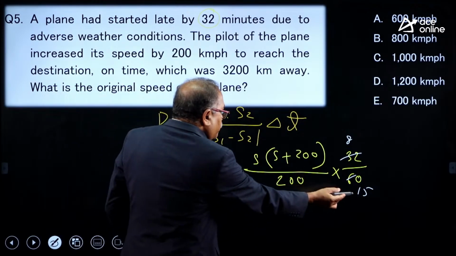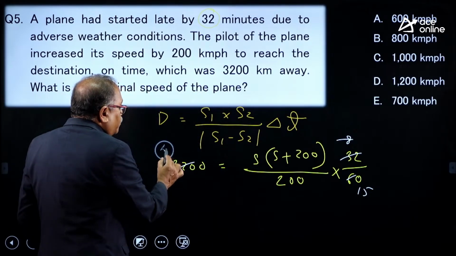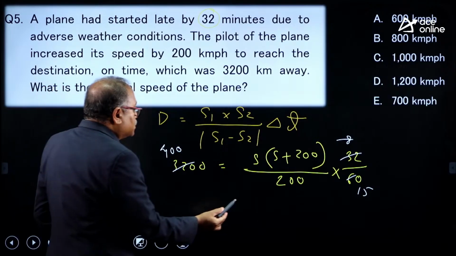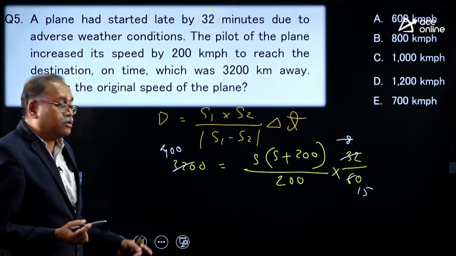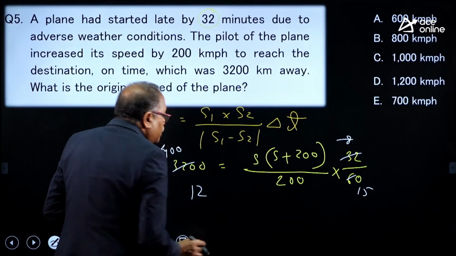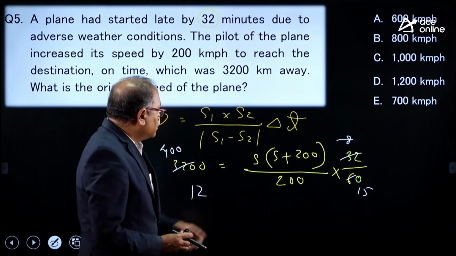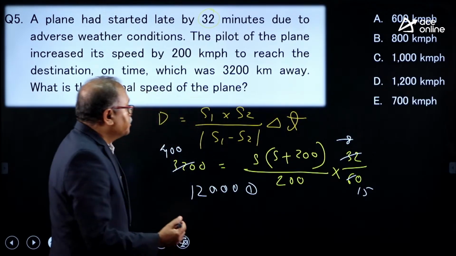Now, with 8 this gets cancelled, 8 4s are 32, and here 15 2s are 30, and 30 into 3 into 4, that is 12, and just put the number of zeros over here, that is 4 zeros. Yes, 1, 2, 3, 4 zeros are there.